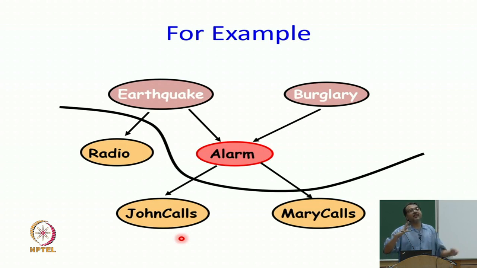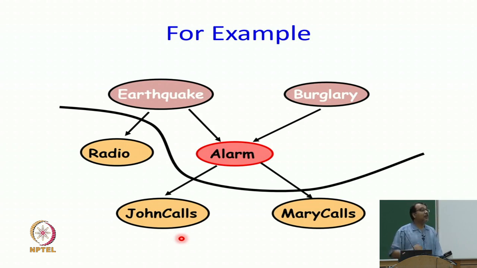Suppose we can keep any value. Let us take an easier example, let us say earthquake happened. Now, the probability of alarm going off was about 0.29 in that case. Now, John called. Does that increase my probability that the alarm must have gone off? Earlier it was only weakly likely that the alarm would have gone off, 0.29.